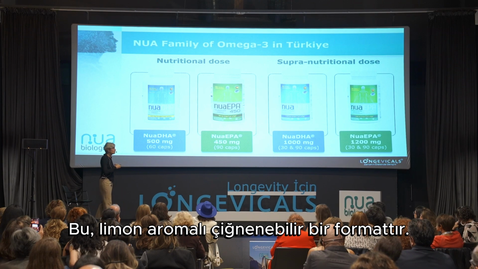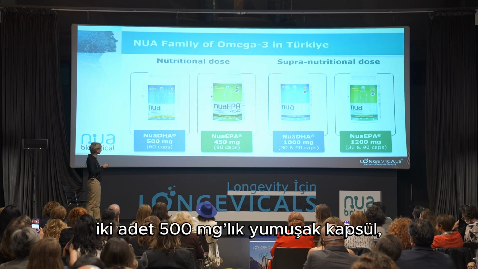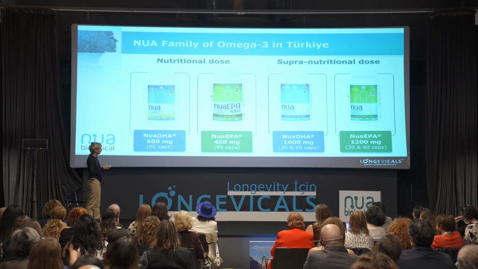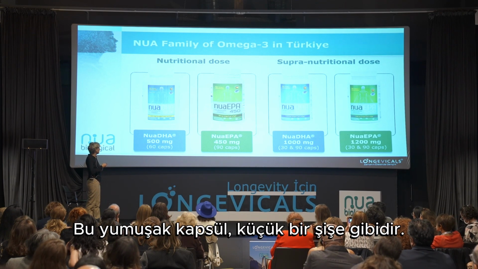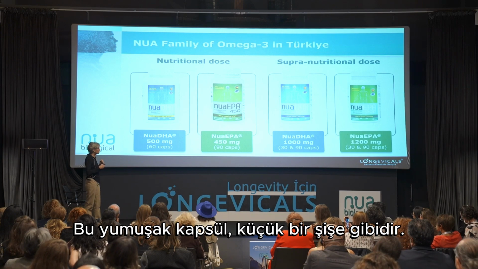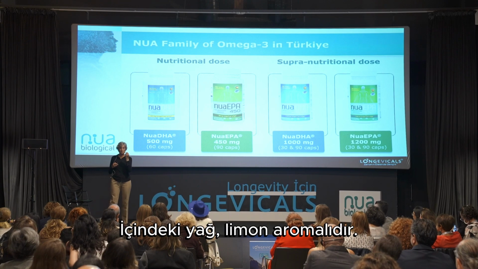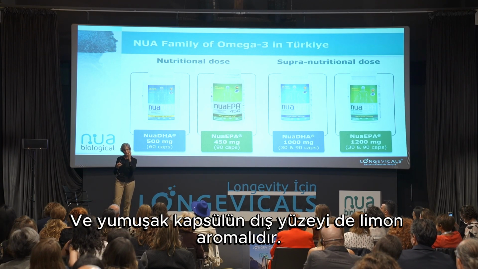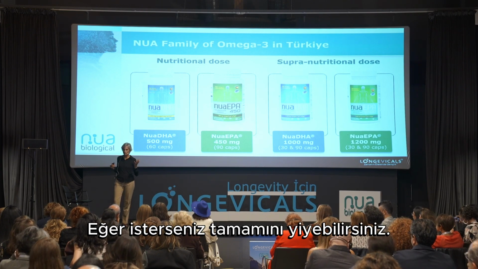Now, this is a lemon chewable format, which is half the amount. So 2 soft gels of 500 are the same as 1 soft gel of 1,000, okay? The actual soft gel is like a little bottle. The oil inside has a lemon flavor, and the soft gel is always lemony flavored. It's a bit of a gummy type of thing, so you can eat it all if you want.